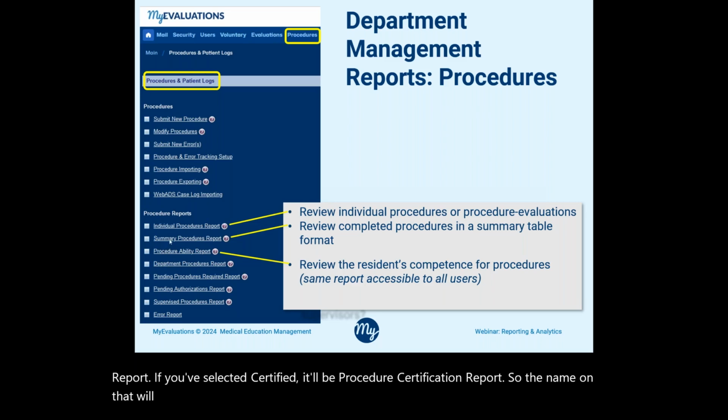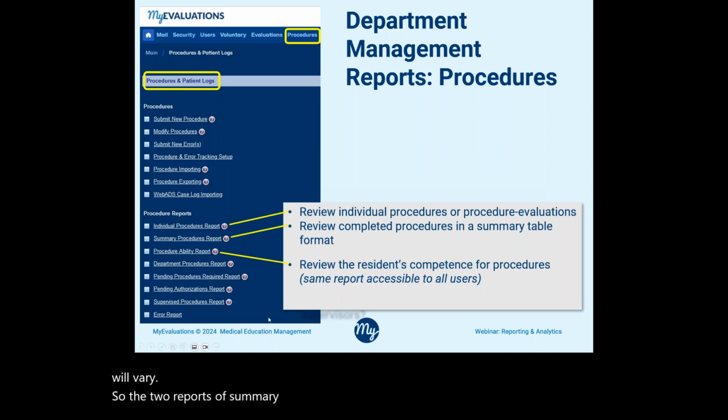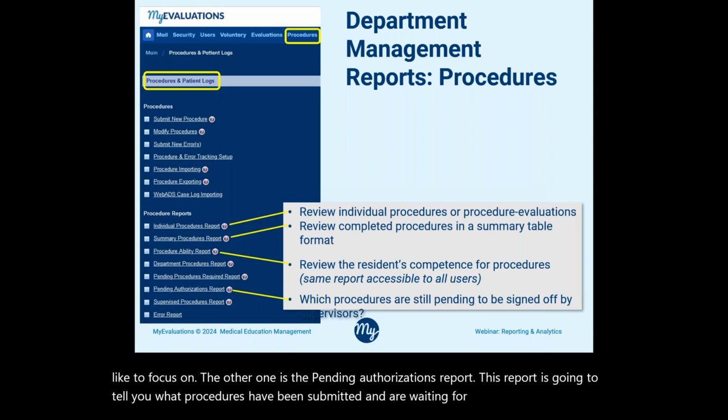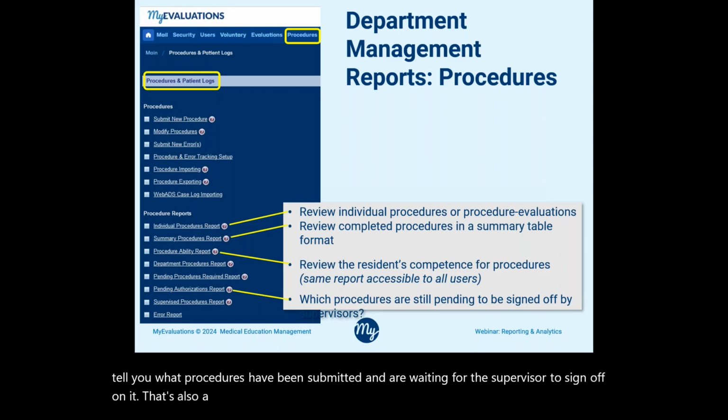So the two reports of summary and procedure ability report are the two main reports that I like to focus on. The other one is the pending authorizations report. This report is going to tell you what procedures have been submitted and are waiting for the supervisor to sign off on it. That's also a very useful report.